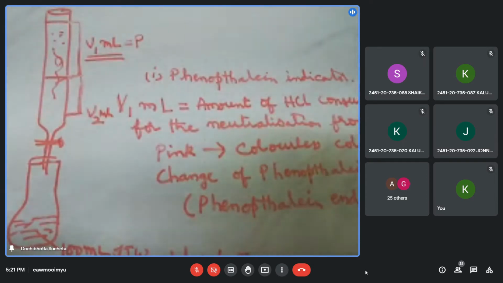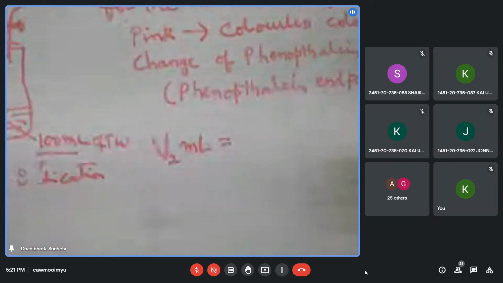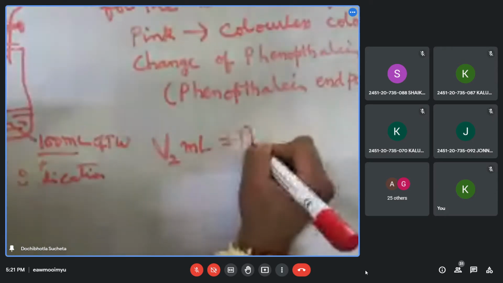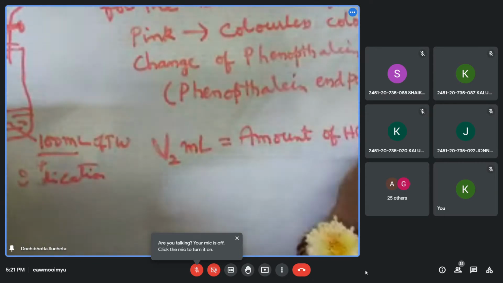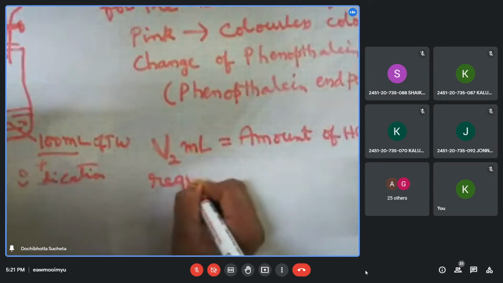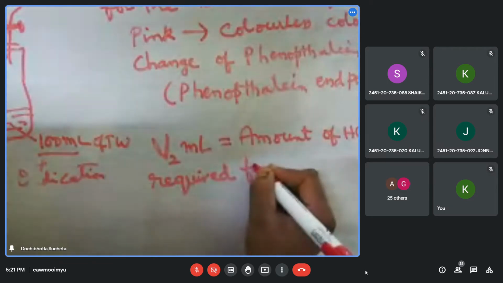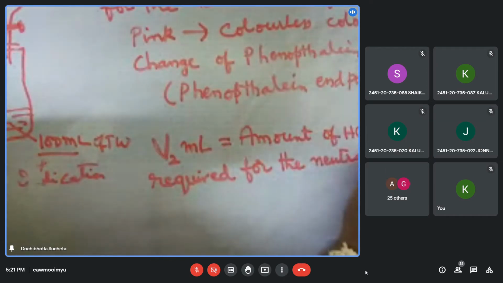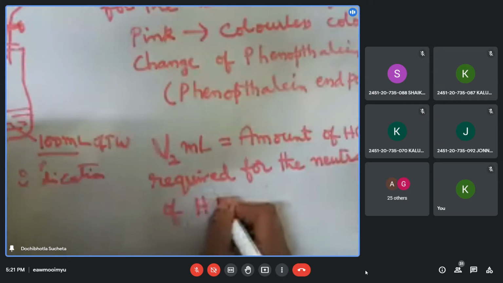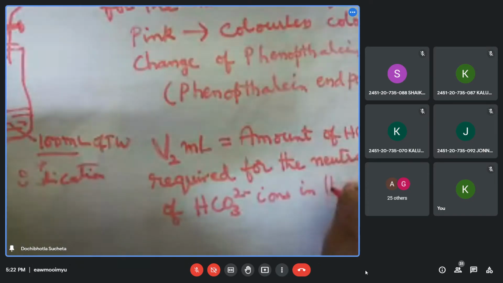V2 ml is equal to the volume, the amount of HCl required for the neutralization of bicarbonate ion in the sample.